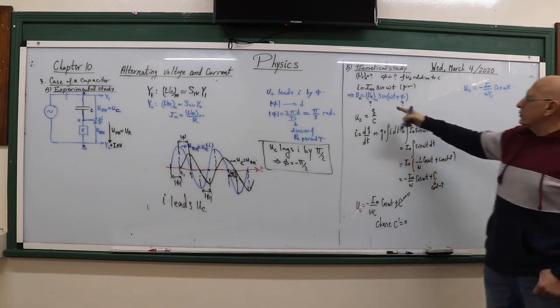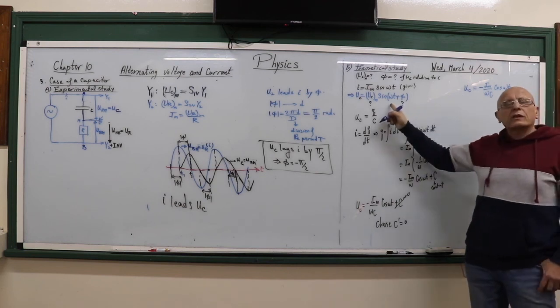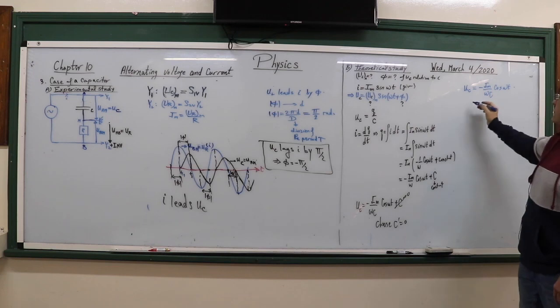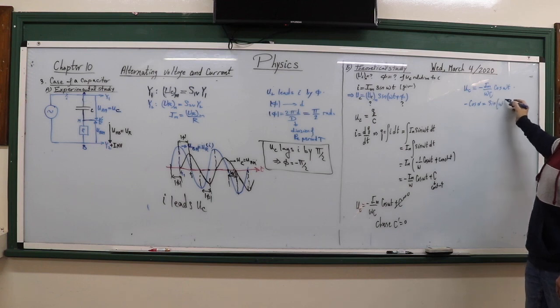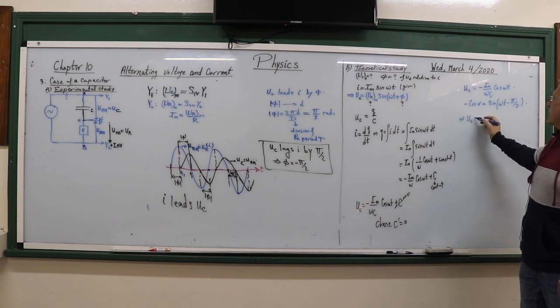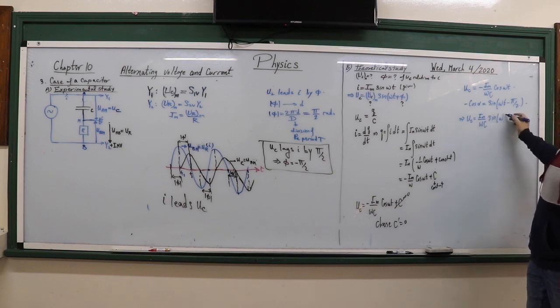Now to find UC maximum and phi at the same time, I am going to change this UC to this form. To do this, you should use the trigonometric relation: minus cosine omega t equals sine of omega t minus pi over 2. Yaani, this implies UC equals Im over omega C sine of omega t minus pi over 2.